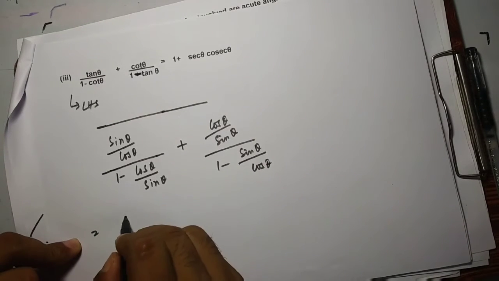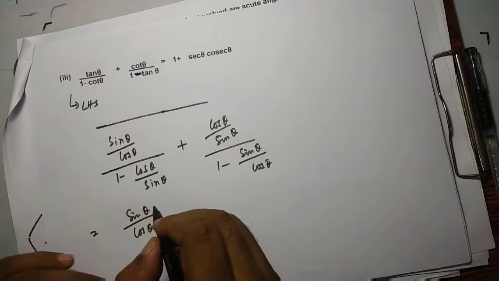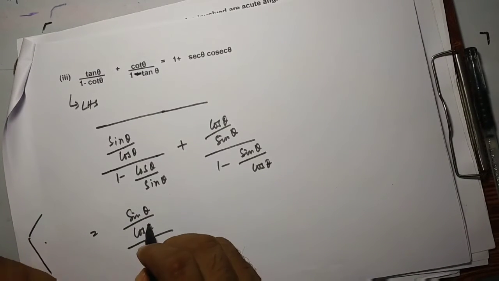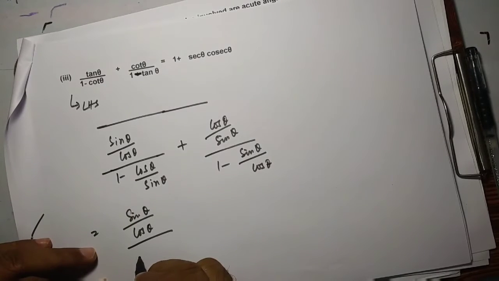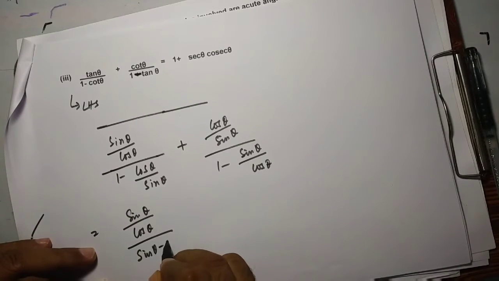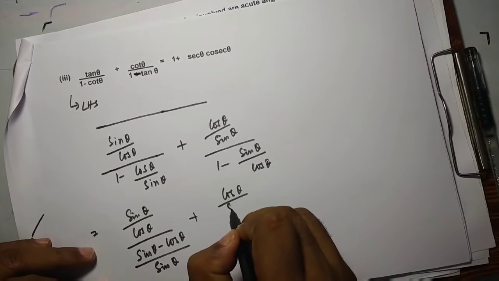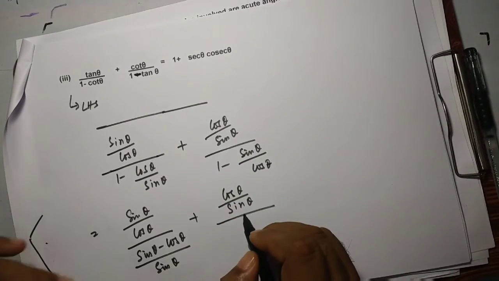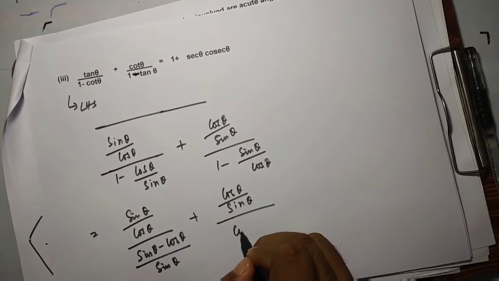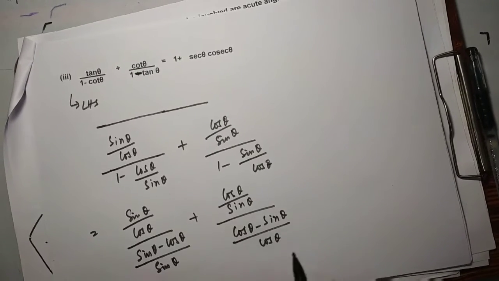So this is sin theta over cos theta divided by, this LCM is sin theta here, so sin theta minus cos theta whole over sin theta, and this is cos theta by sin theta. Then LCM is cos theta for these two items, so this is cos theta minus sin theta over cos theta.